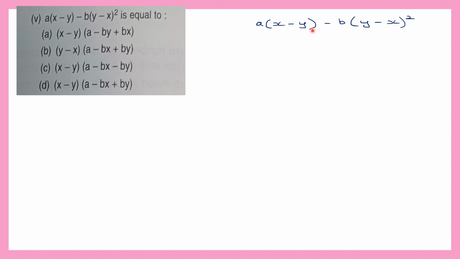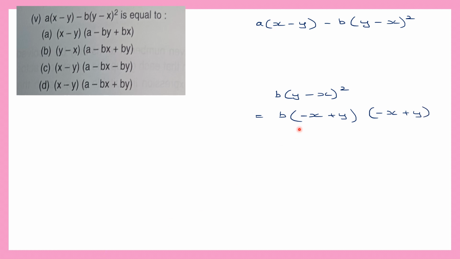We need to try and get common ones, isn't it? So this I'm going to leave as it is. I'm going to work on this b into y minus x the whole square. So let's take only that b into y minus x the whole square. So I'm going to write this as b into, instead of y minus x, I'm going to write minus x plus y, into minus x plus y.